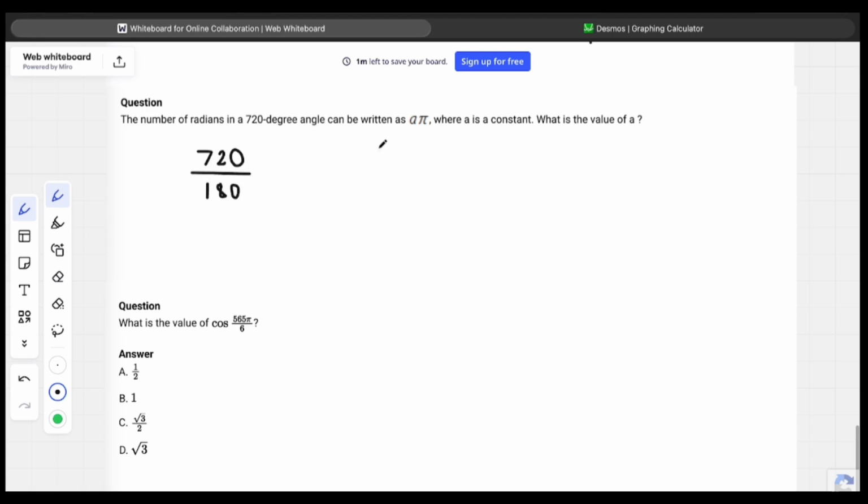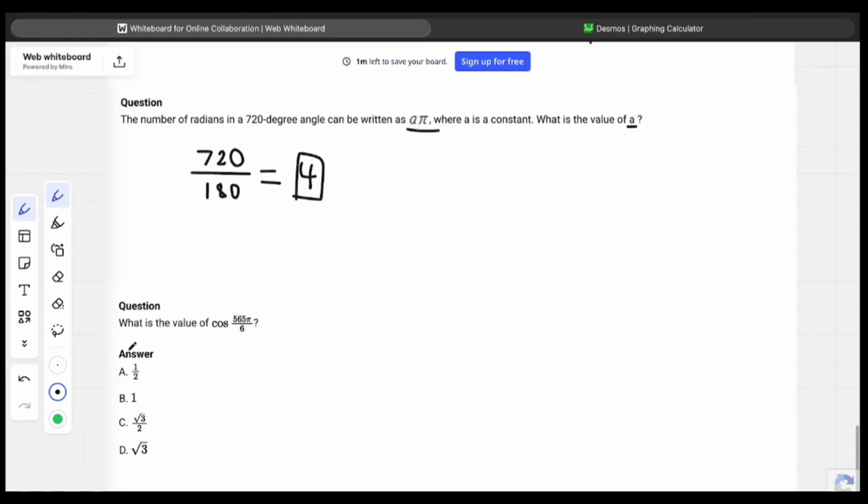Why 180? Because 180 degrees is exactly 1 pi radians. So if we do that, we get 4, and that's all you need to do. Well, it's 4 pi radians, but it already said that it can be written as a pi, and it's asking for the value of a. So our a here is 4.